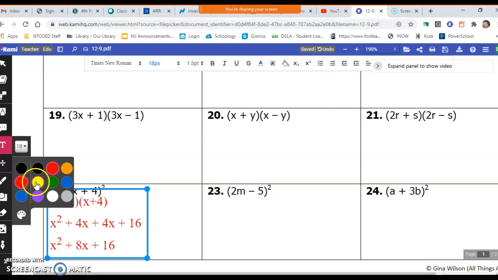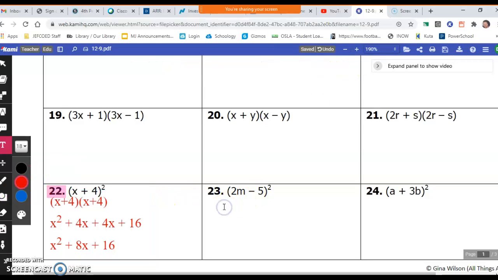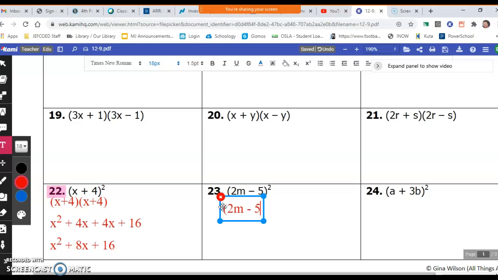All right, now I want to look at 23, and I simply just want us to write it out before we distribute it. Okay? So we will have 2m minus 5 again, and then in parentheses it will be 2m minus 5 again. We good? All right, and then let's also do 24.